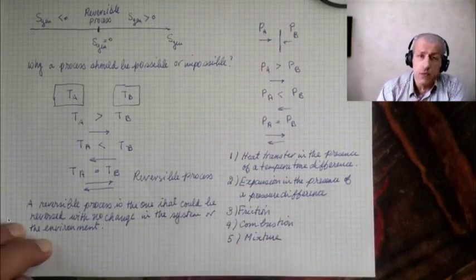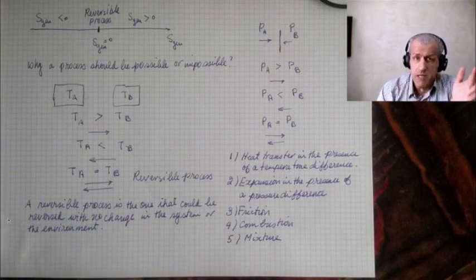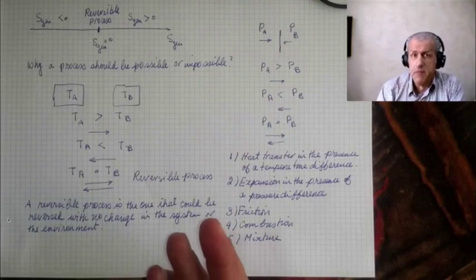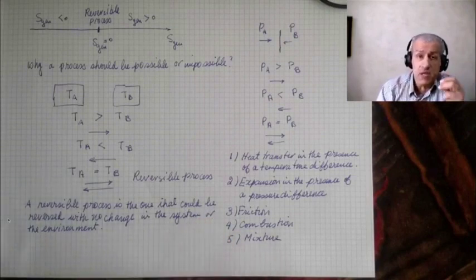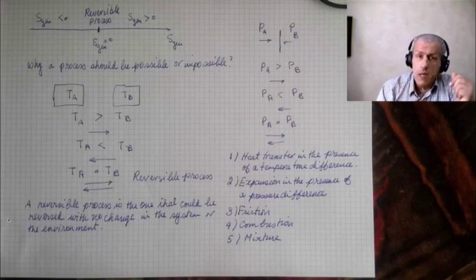Mix two items, whatever you want. Mix beans with rice. To separate them, you have to do work. Mixture is irreversible, and if you mix, then you have to separate.